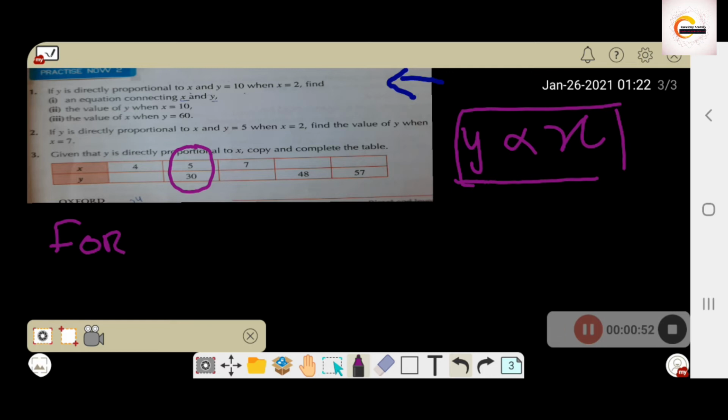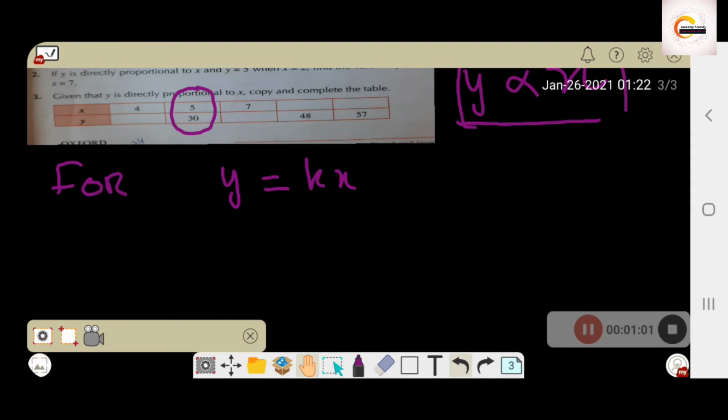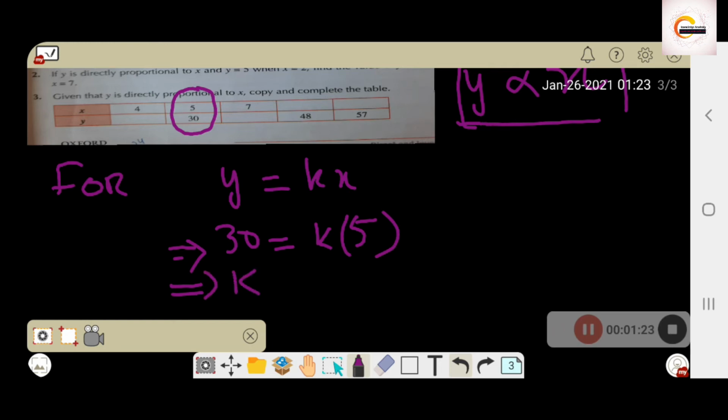y and x, both of them are given, so y is equal to kx. y is 30, kx, and x is 5. Okay, for k, 30 upon 5, I am writing it down directly, is 6, since these are very simple questions. 6.